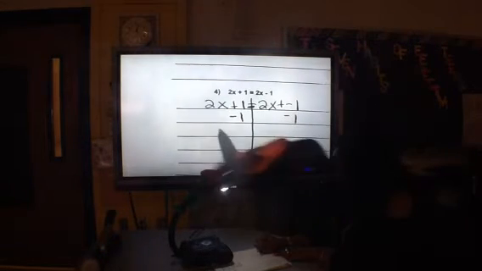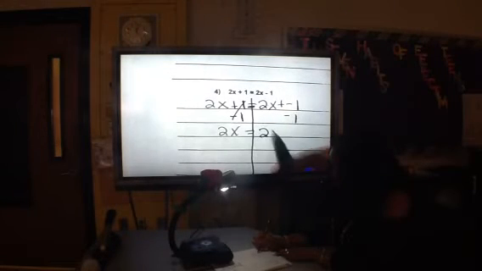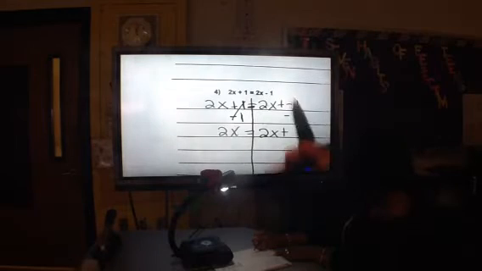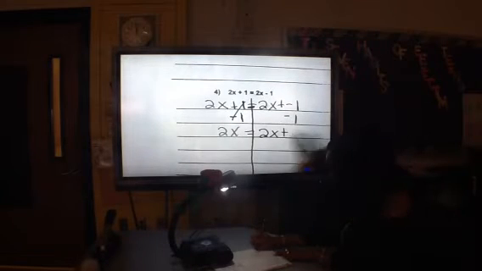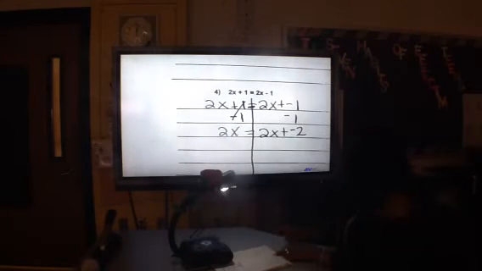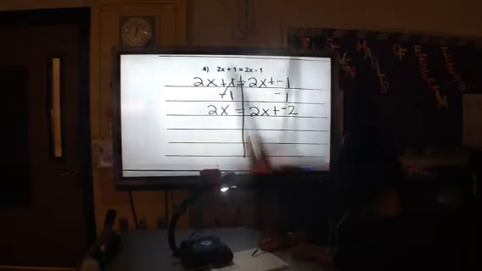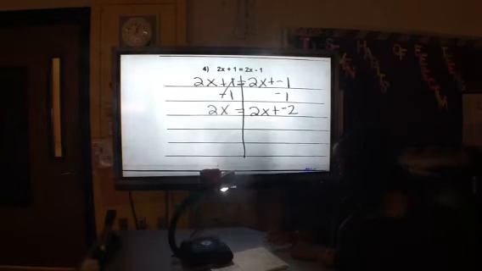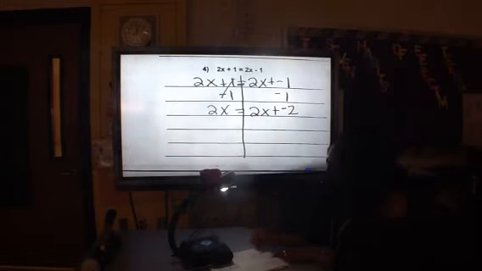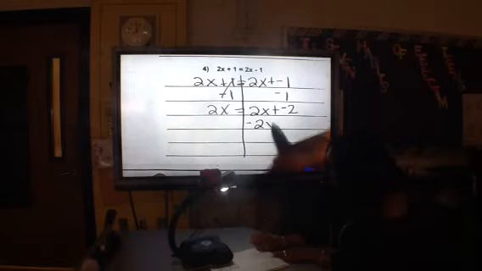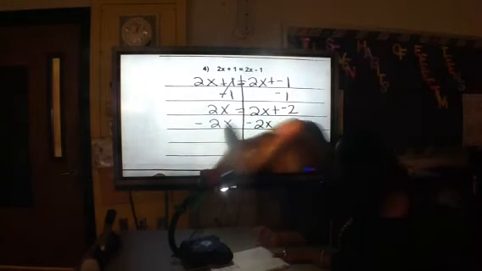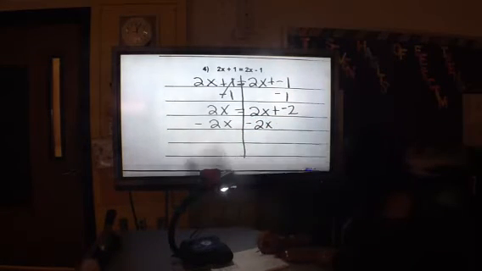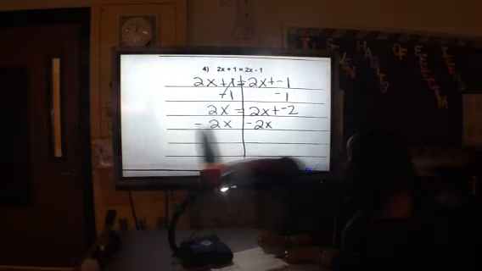Then left to right thinking, 2x, this goes away, equals 2x plus, these two signs are the same, so I add and keep the sign, negative 2. Now, this is a different picture. I moved from left to right. Now, I'm moving from right to left. So this is a positive 2x. To get to the other side, I have to subtract 2x. Subtract 2x. Left to right thinking still. Again, these zero out. They're the exact same thing.